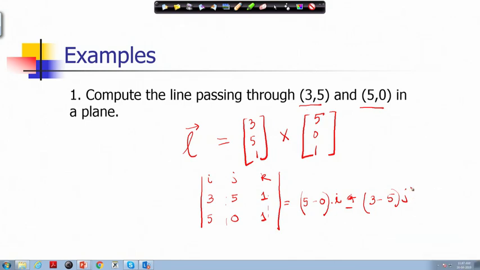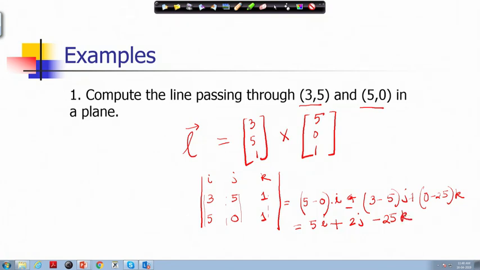Then you consider this part of the subdeterminant for the k component, and you take the determinant, which is 0 minus 25, k. So, this should be 5i plus 2j minus 25k.